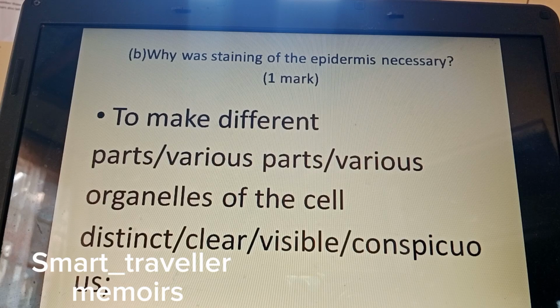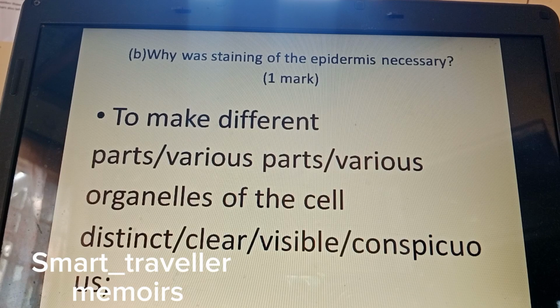Question B was, why was staining of the epidermis necessary? And the answer, which the examiners agreed on as a final marking scheme, was to make different parts or various parts or various organelles of the cell distinct.